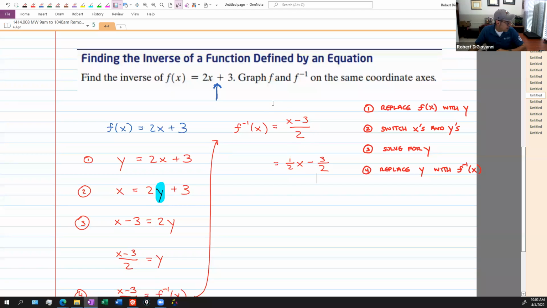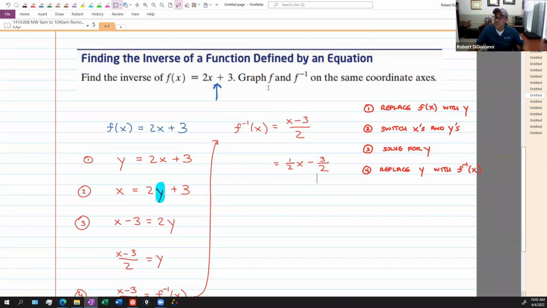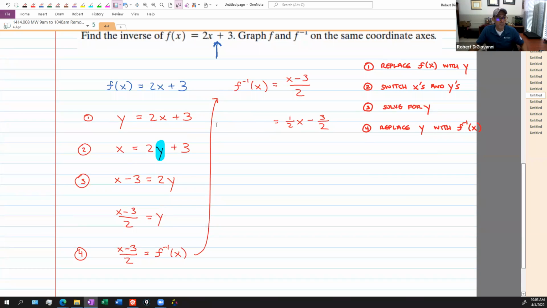All I did was divide each of these by 2. So x divided by 2 is the same as half of x, and 3 divided by 2 is 3/2. The reason I did that is because I think this is easier to know what it looks like when you graph it. This is also a line. And it wants us to graph both of these. Are there any questions up to this point?